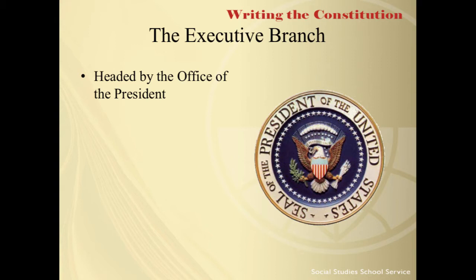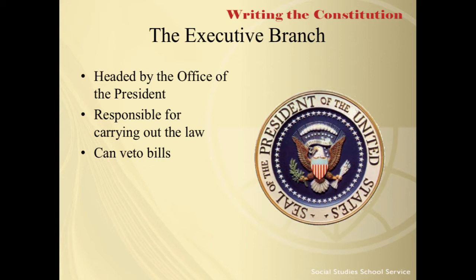Article 2 of the Constitution spells out the president's powers and duties, and let's look at those. To execute or to carry out the law as established by Congress. He has the right to send bills that he or she, if we ever get there, disagrees with back to Congress, also known as a veto power.